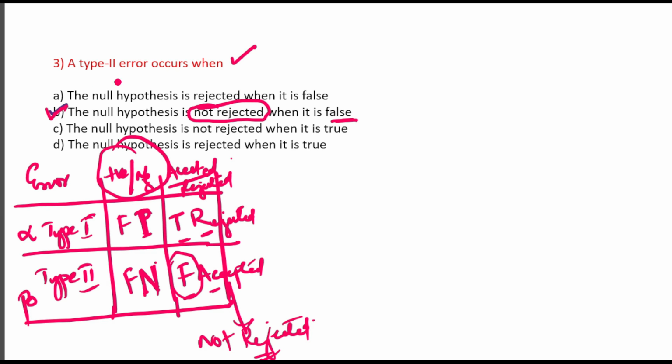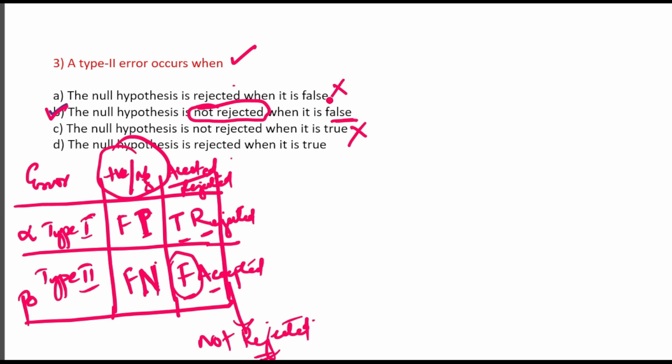Let us see the other options. The null hypothesis is rejected when it is false. There is nothing like rejected when it is false. Either it should be rejected when it is true. Then the C option, the null hypothesis is not rejected when it is true. If it is not rejected, it should be accepted. So this statement itself is wrong.